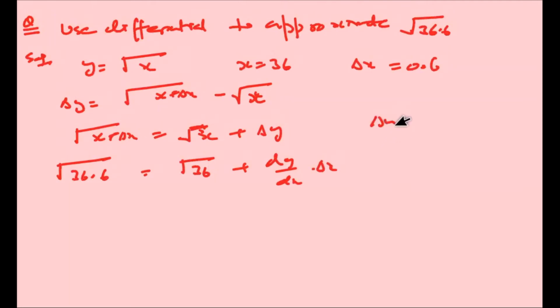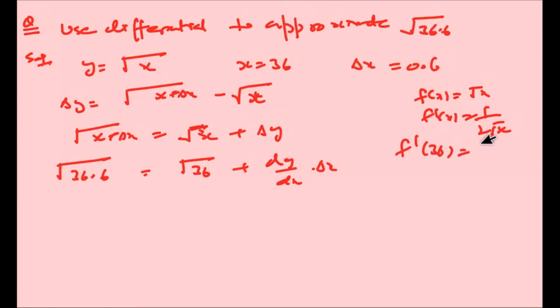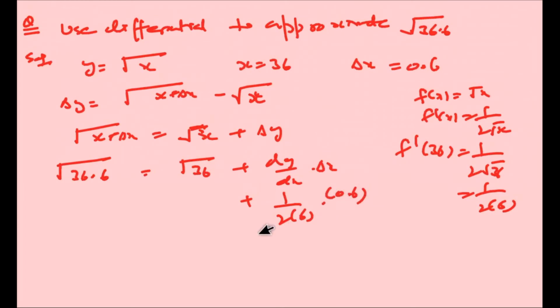So change in y equals the differential of f(x) equals root x, so f dash x equals 1 by 2 root x. So f dash at 36 equals 1 by 2 root 36, that is 1 upon 2 into 6. This we can write as 1 upon 2 into 6 into delta x, which is 0.6.